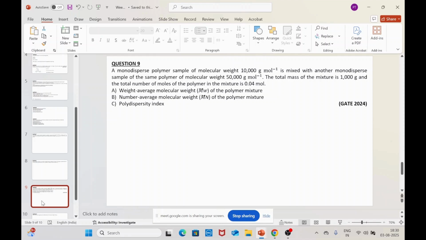Total mass of the mixture, again I am stressing, is 1000 grams, and the total number of moles of the polymers, that is of both the polymers together, is 0.04 mole. Based on this data, they are asking us to calculate the weight average molecular weight, number average molecular weight, and polydispersity index. Obviously, if you get A and B, then C is not a big deal.